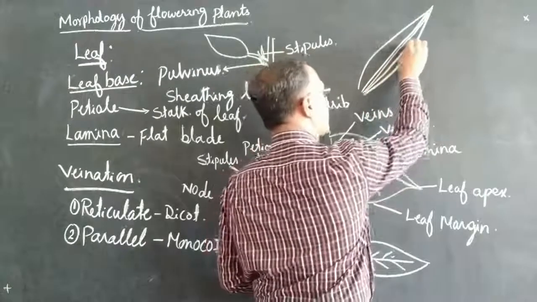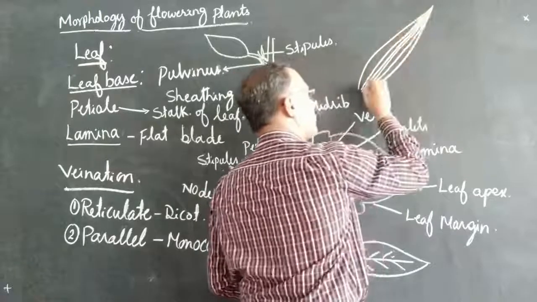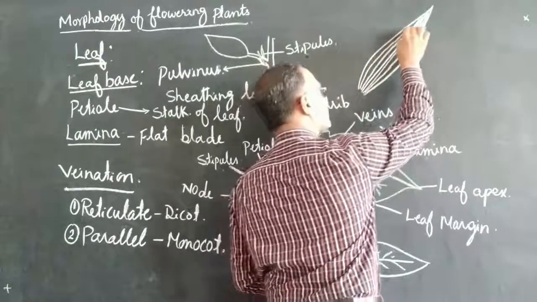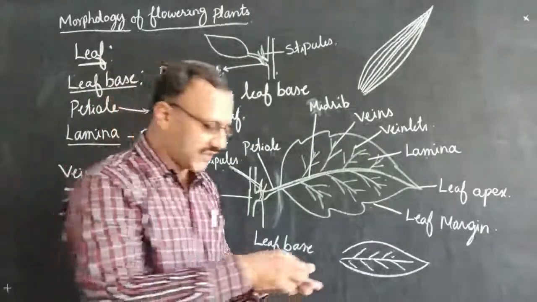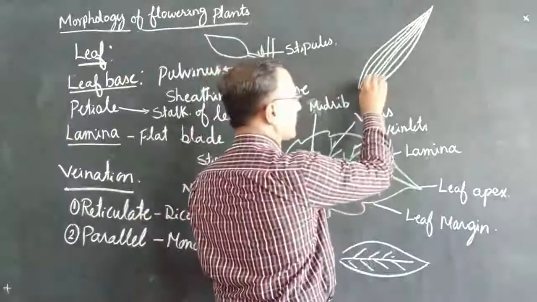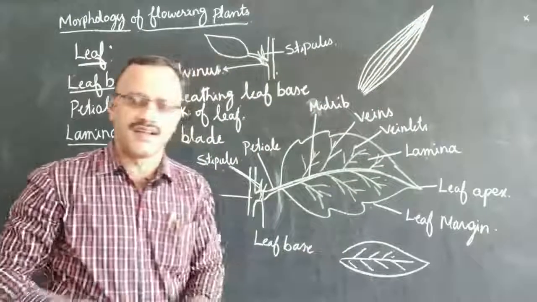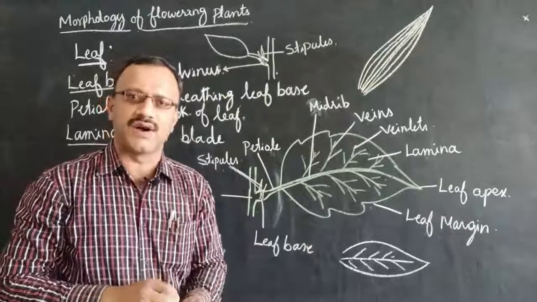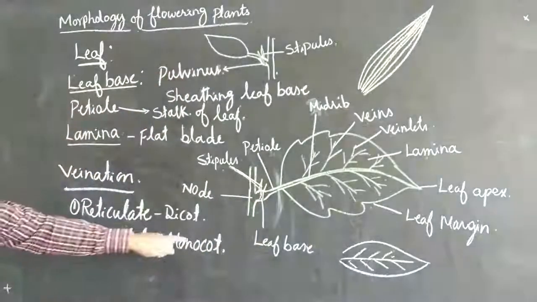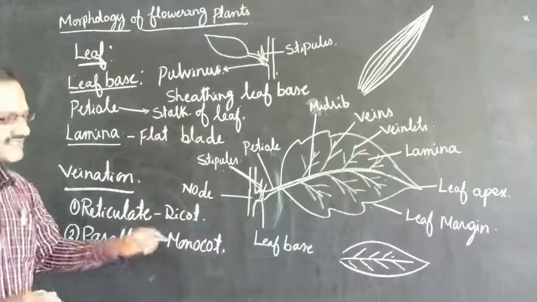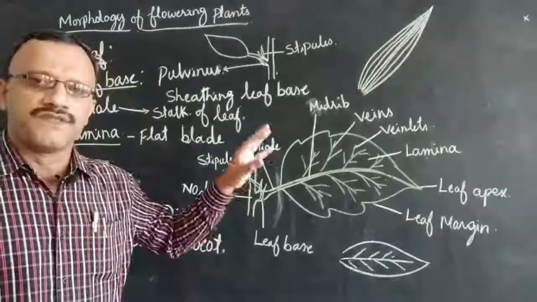You have seen in case of coconut, or in case of grasses, the veins are running parallel with the midrib. So here the midrib is at the center and the number of veins are running parallel. Such type of venation is called parallel venation, one of the features of monocot plants. So this is about the leaf, the parts of leaf and the venation.